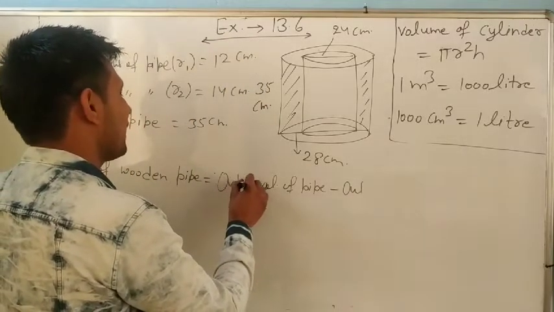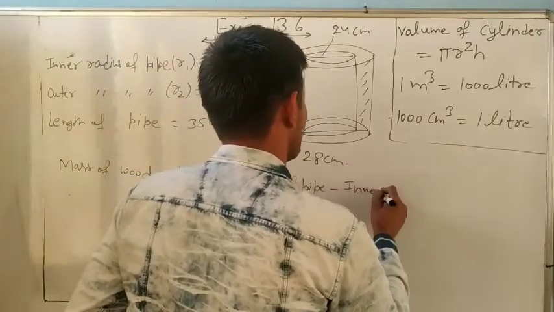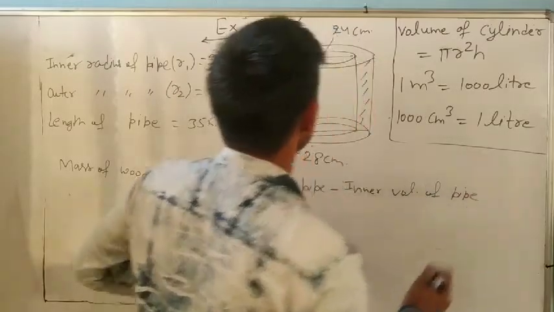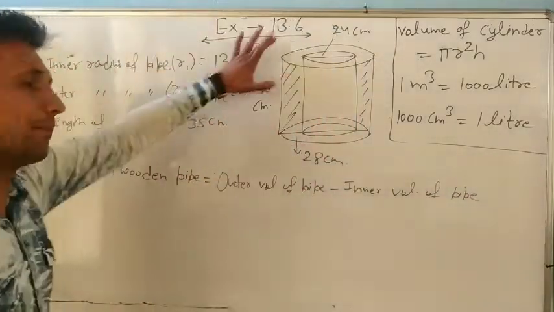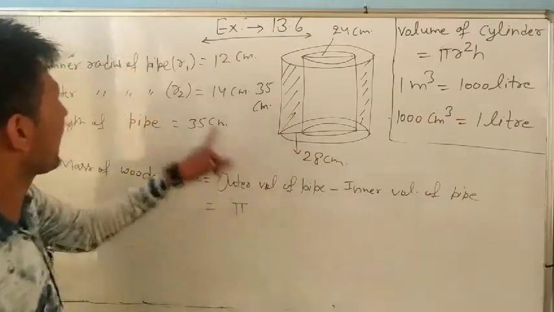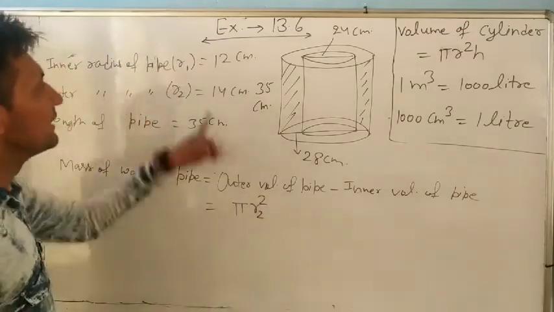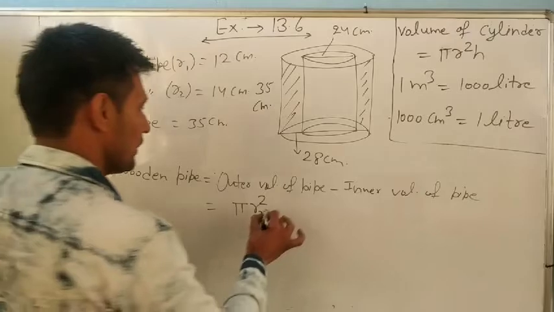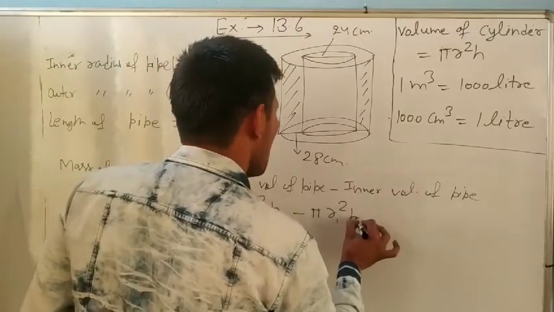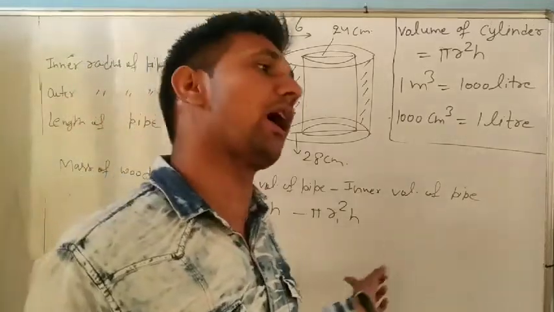Always we take bigger minus smaller, because in both the length is the same. So it is pi R2 square H minus pi R1 square H. You understand why we take R2 and R1? Because the radii are different, we cannot take R for both.